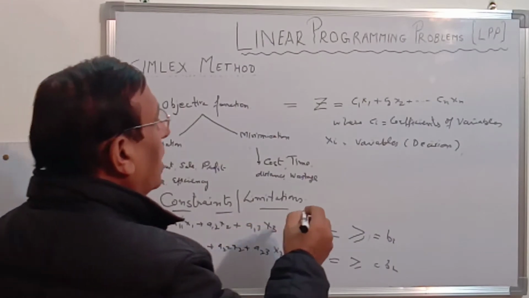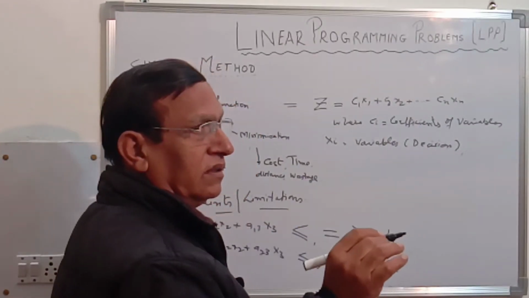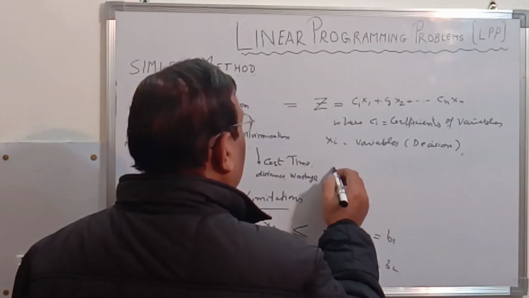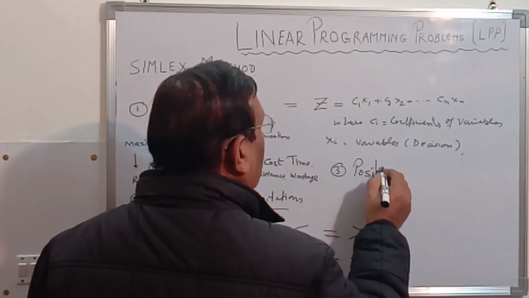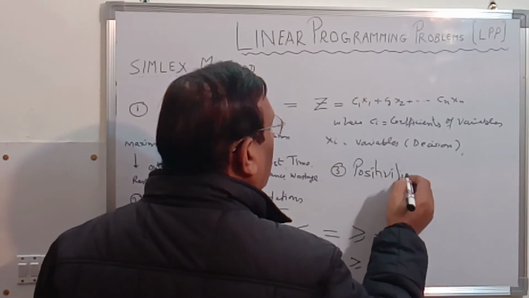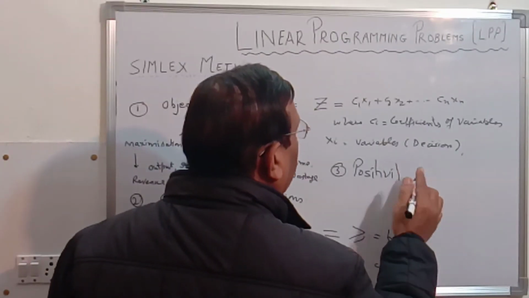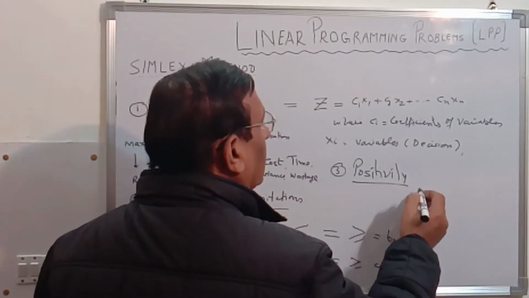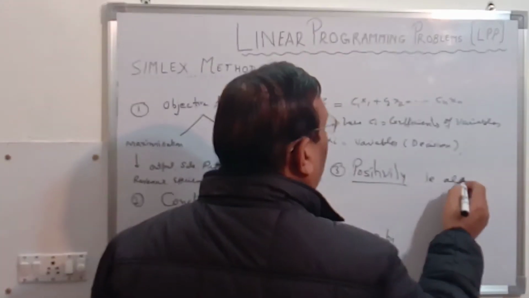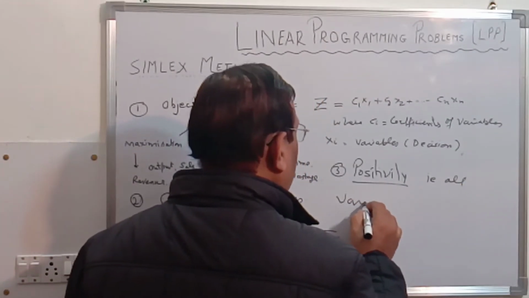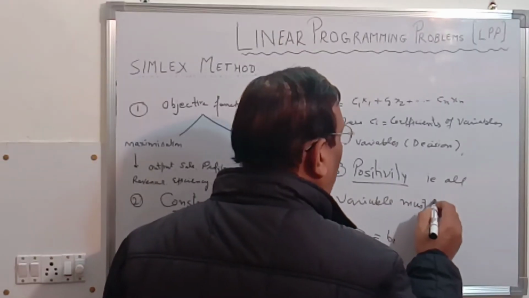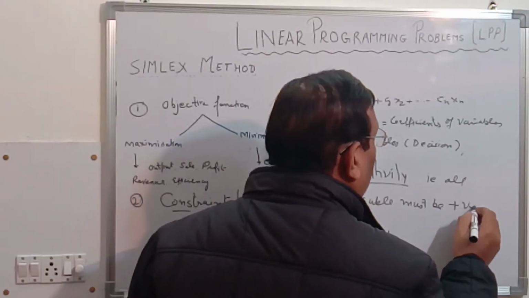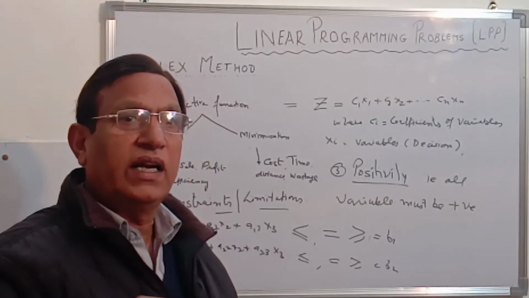These variables are positive. That is the third point, positivity. All variables must be positive. There is no sense of negative.